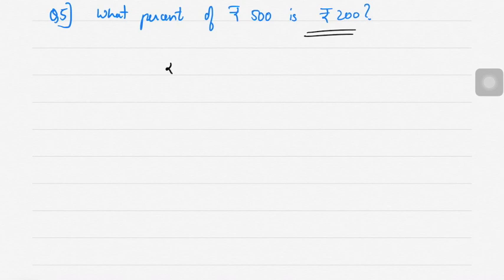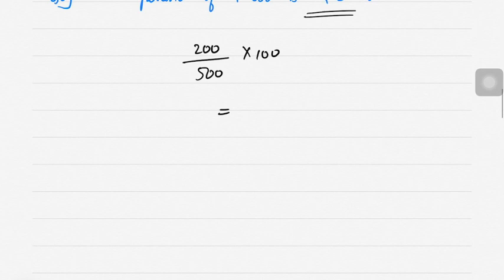So 200 upon 500 into 100, which comes to 40%. So your answer is 40%. Right?